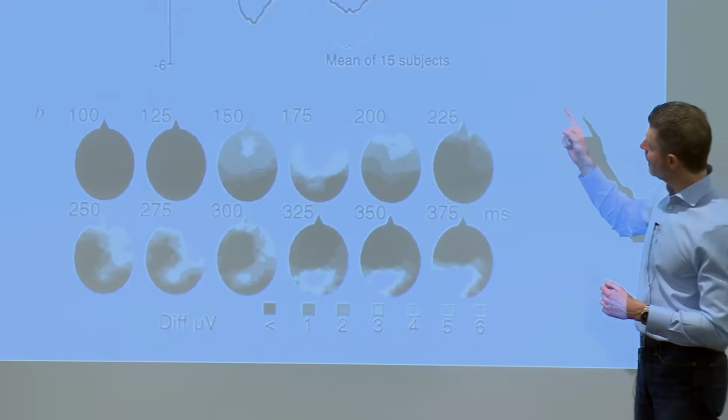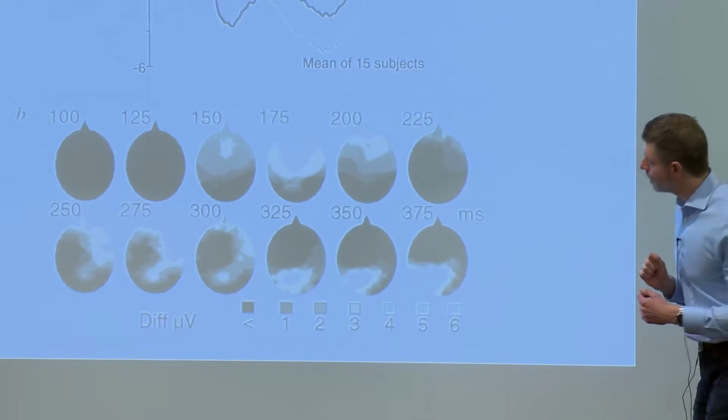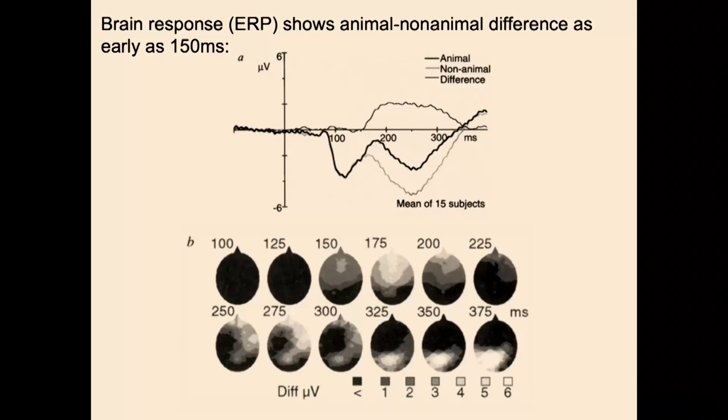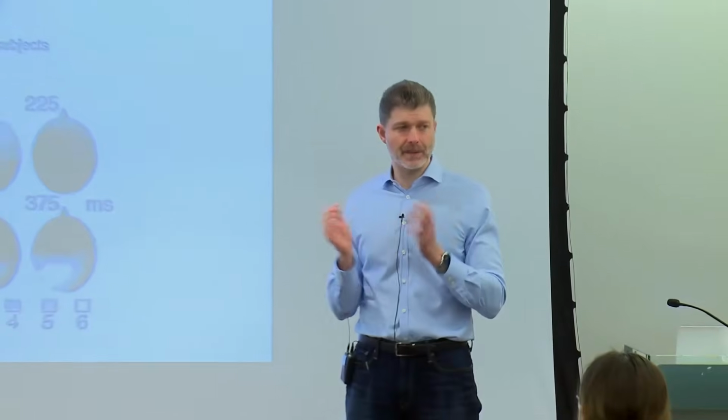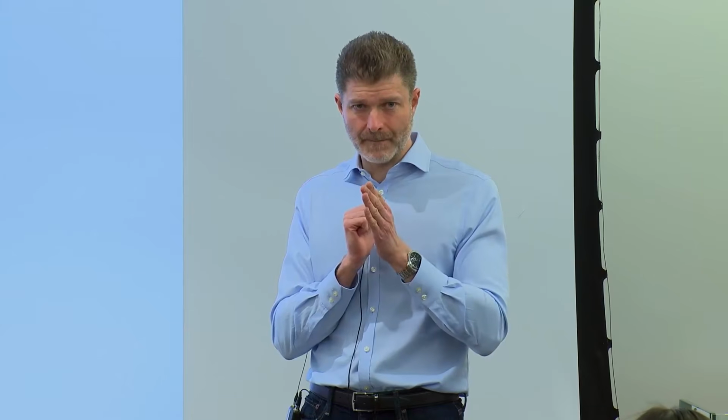So here, this is a particular part of that brain response. And what they've done here, so event-related potential, what that means is that you're recording these continuous signals, okay, and then you average them in some particular way, typically with respect to a stimulus. Okay? So what they're doing in this case is they're taking all of the times when an animal was presented on the screen and then averaging the brain response that occurred after that.